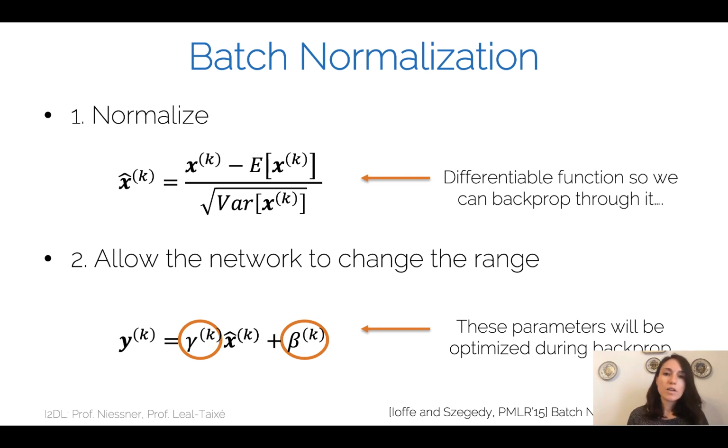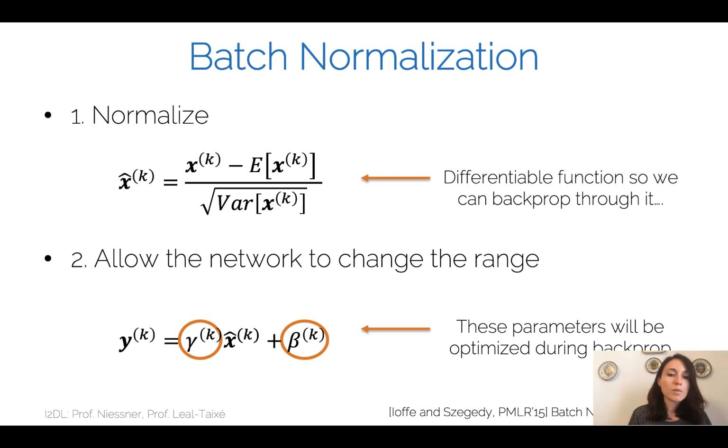So in the extreme, the network could undo completely the normalization. And how this is going to happen is with this second step, in which we're going to take the normalized output here. So this is the output that we have just normalized. And we're going to multiply it by gamma, and then we're going to sum beta.